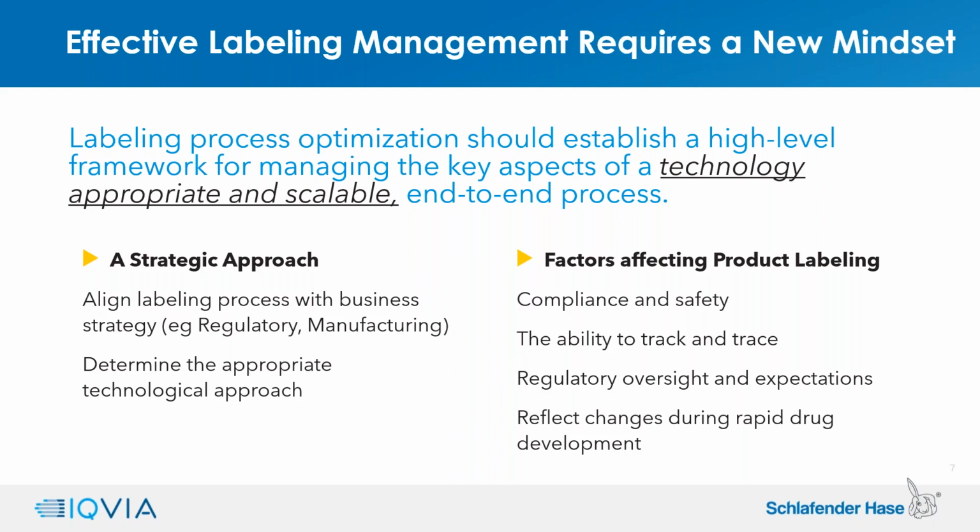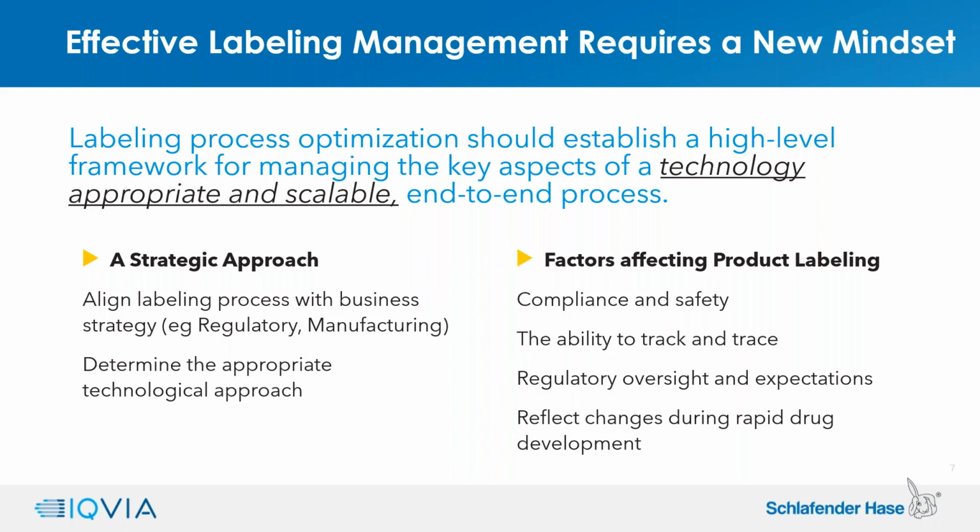You do want to manage all the aspects of an end-to-end process. But with the impact of technology over the last 20 years, we have to insert that statement that says technology-appropriate and scalable process. The changes in technology mean that things are always changing. How are you positioned to accept and deal with those changes? And is the technology you have actually appropriate for your size, for your maturity?